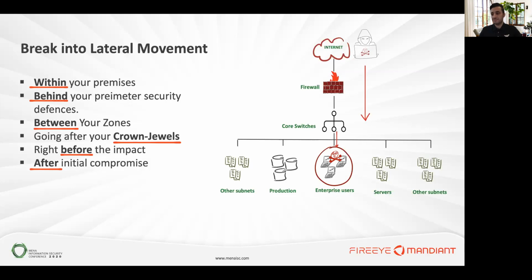It is very unlikely that this initial landing spot will give the attacker direct access to what they want. This is just a weak spot that the attacker found on his way toward your environment, toward his crown jewels.